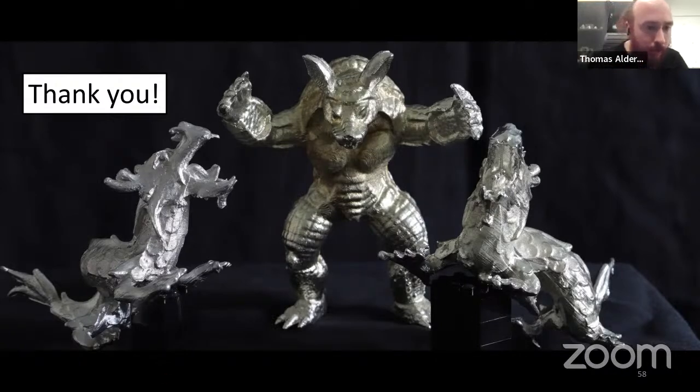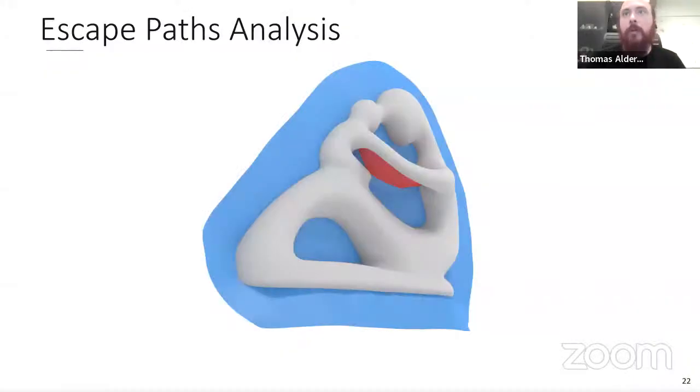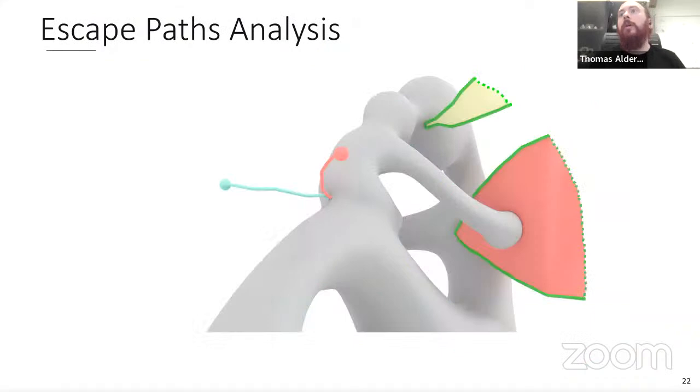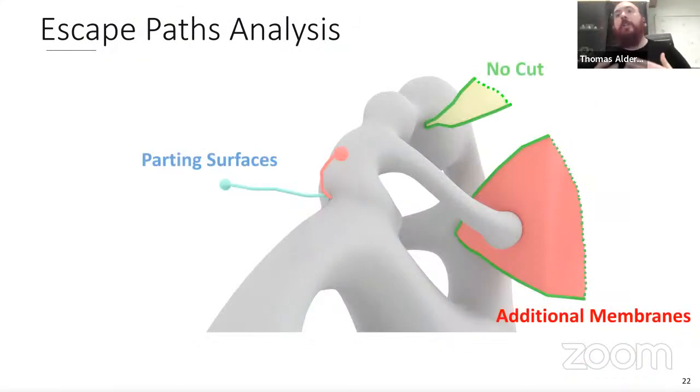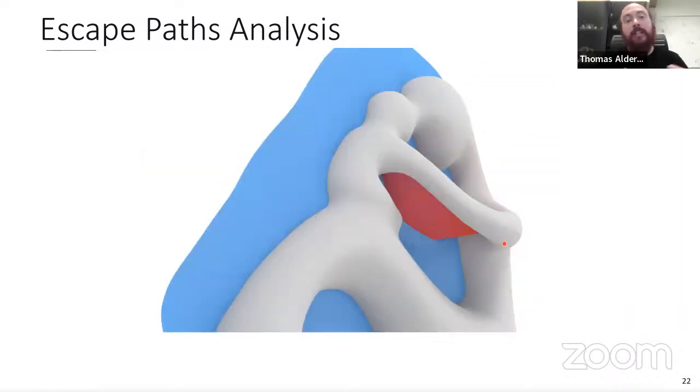Let me go to the slide. So an additional cut is introduced whenever this case here happens, where this minimal approximation of a minimal surface intersects with the object. And experimentally, we have seen that quite often this leads to a minimal cut layout.